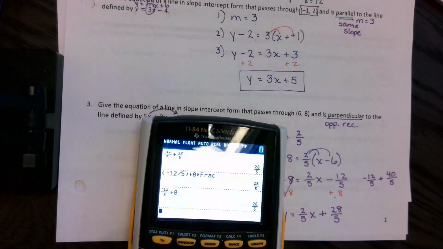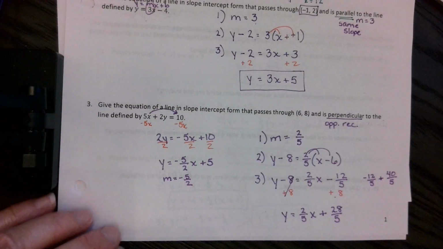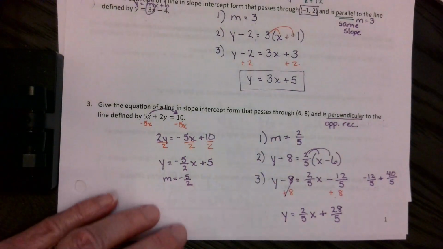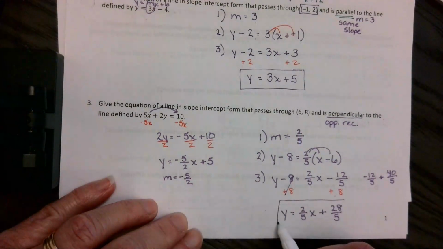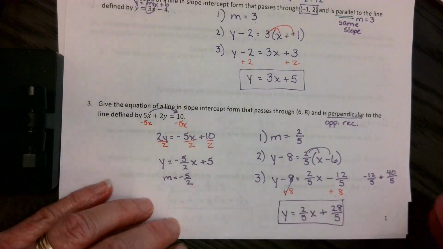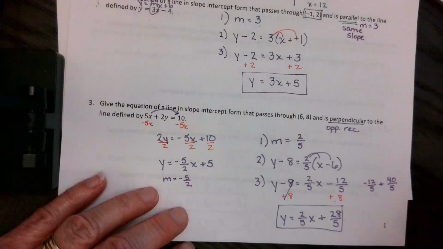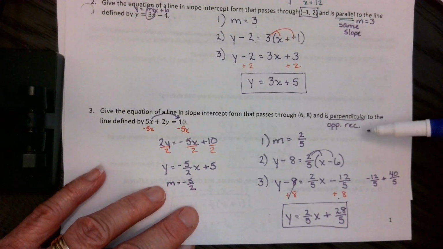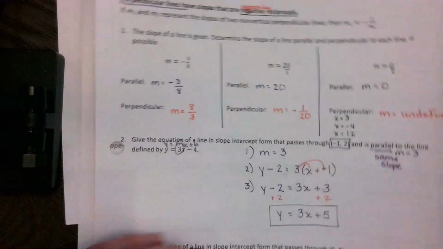I still get 28 over 5. Alright, so remember, parallel lines, same slope. Perpendicular lines, opposite reciprocal.